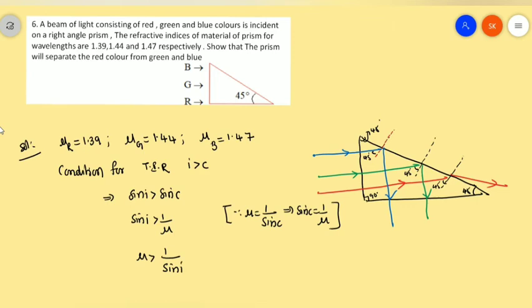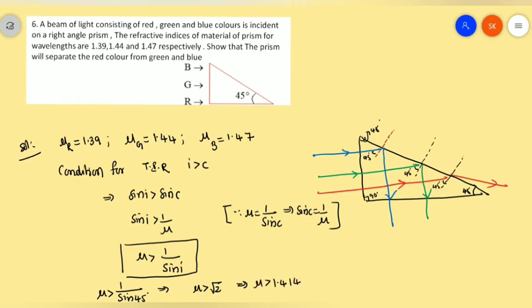This is the condition for total internal reflection: nu greater than 1 by sin I. In the figure, the angle of incidence for all colors is 45 degrees. That's why nu is greater than root 2. Sin 45 is 1 by root 2, so nu is greater than 1.414. This is the condition for total internal reflection.